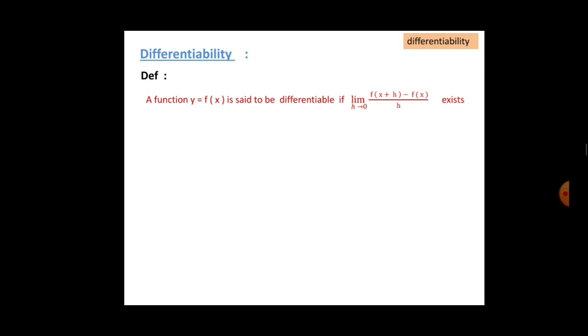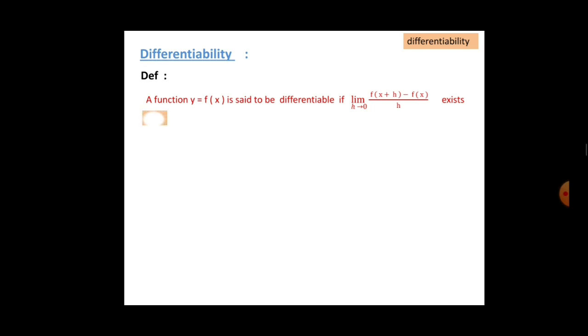That means whatever we have defined for the derivative, if that exists for the given function, the function is called differentiable. First, the first definition: a function y is equal to f of x is said to be differentiable if the limit as h tends to 0 of f of x plus h minus f of x divided by h exists. That is the same as the derivative.